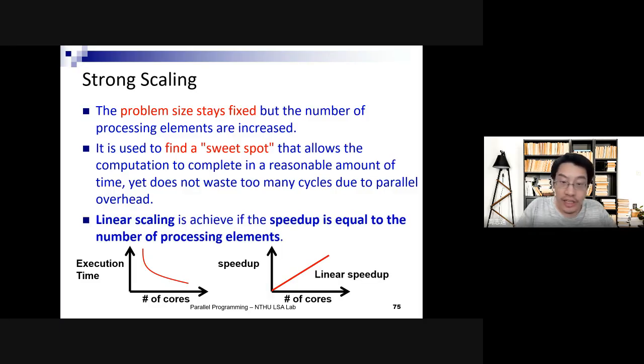And again, if your speedup factor grows linearly with the number of processors, cores, or machines, then you have achieved an ideal speedup under the strong scaling test. So why is it strong scaling? Because when we compare to weak scaling, you will see that for strong scaling, the amount of computation remains the same in each of the experiments, at any scale.